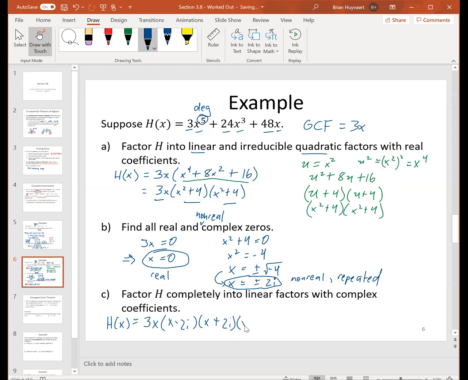But then that's going to happen again, another x minus 2i and another x plus 2i. And if you want to think about this in terms of zeros, what was our first 0? It was 0. What was our second 0? It was 2i, so x minus 2i. What was our third 0? Negative 2i. And then when we go to this last factor, we just sort of repeat. So our fourth 0 looks like our second 0, and our fifth 0 looks like our third 0. So we do actually have 5 zeros to this.